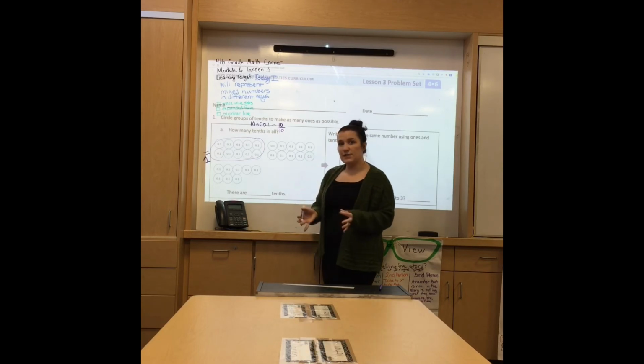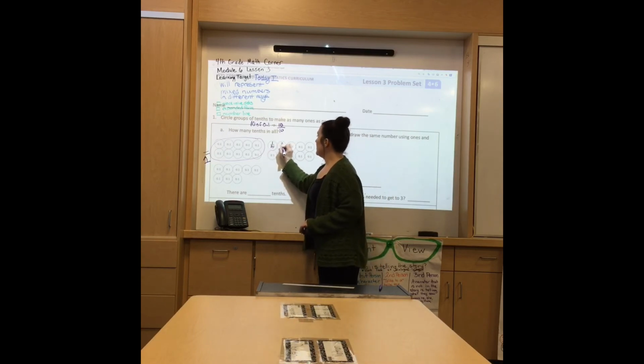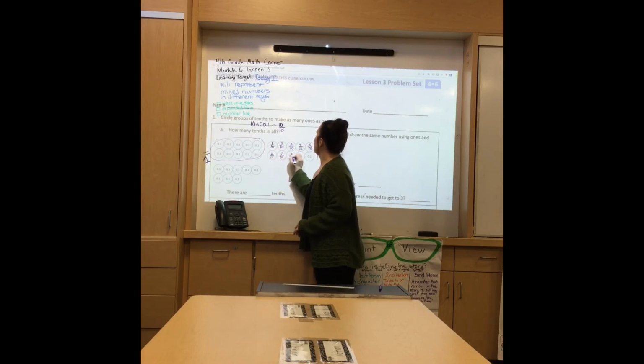And so if you need to, it is perfectly fine for you to, over top of them, go 1/10, 2/10, and count them out. 3/10, 4/10, 5/10, 6/10, 7/10, 8/10, 9/10, and 10/10, that equals 1 whole.